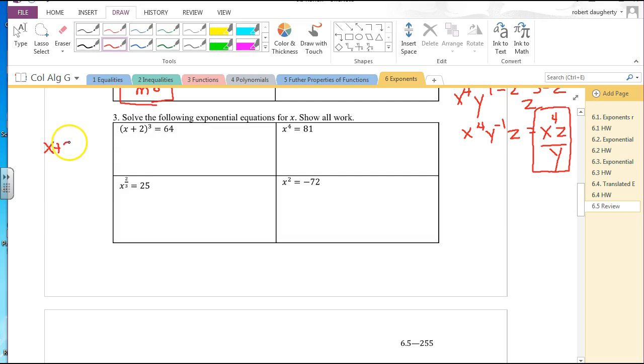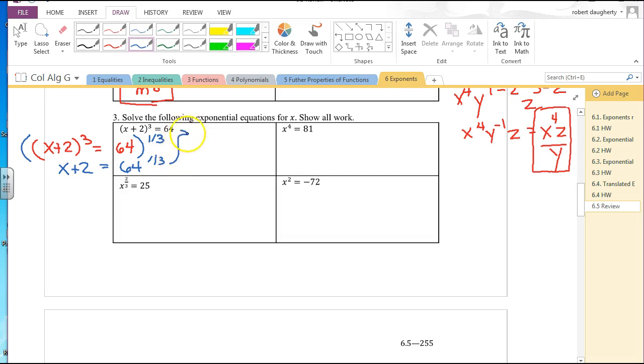So x plus 2 cubed equals 64. I'm going to raise both sides of this equation to the 1/3 power. The reason I do that is on the left side of the equation, I will get x plus 2 equal, and then I'll get 64 to the 1/3.